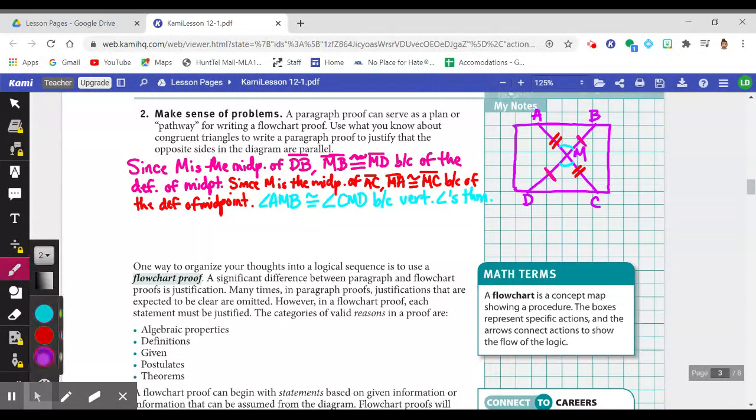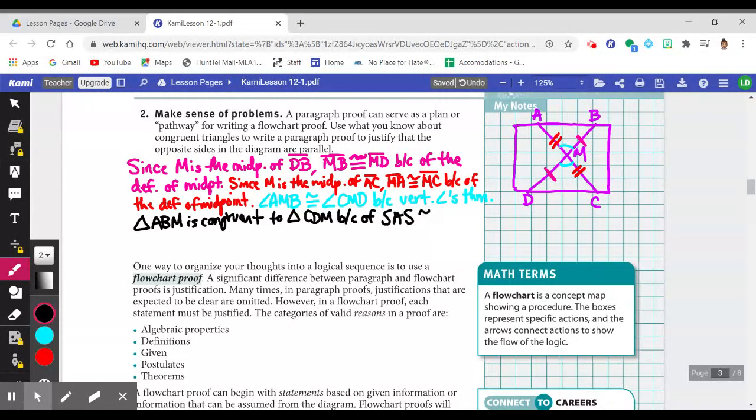So our next statement, we can say that triangle ABM is congruent to triangle CDM because of the side angle side congruence postulate.